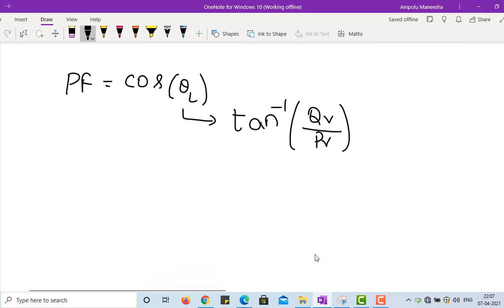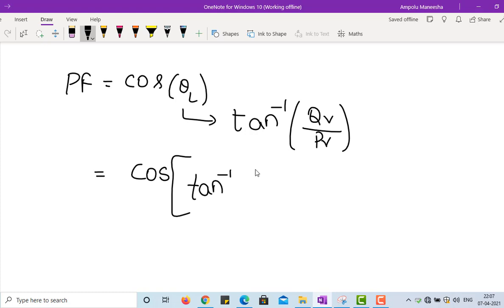So, if we simplify, cos of tan inverse of Q, how much? 2.1848 divided by P is 3 megawatts. It is given.